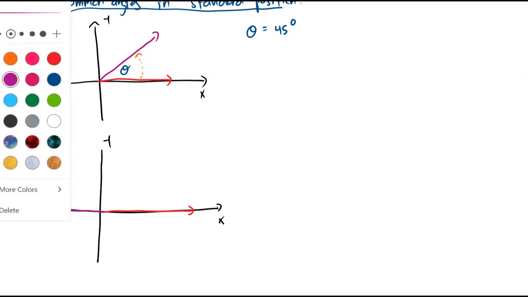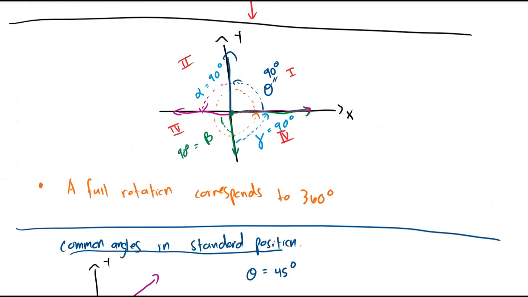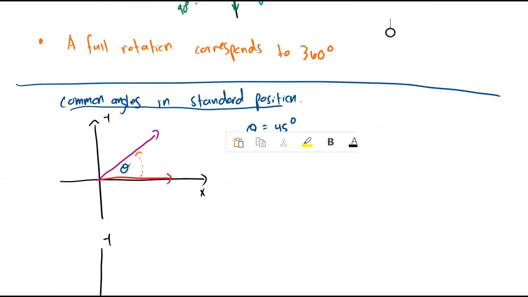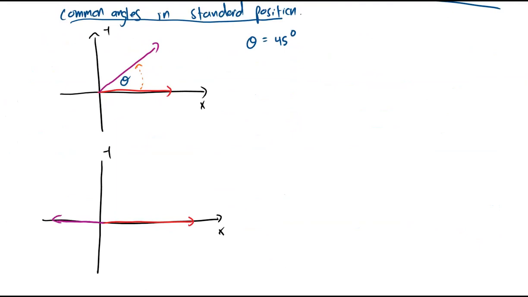I know that's 180 because the theta rotation is 90 and then the alpha rotation is 90. I have this rotation, again counterclockwise, and my angle here I'll just call theta again. So in this case, theta is equal to 180 degrees.